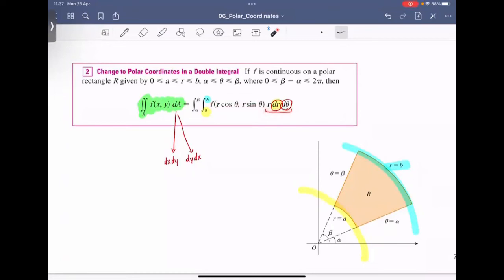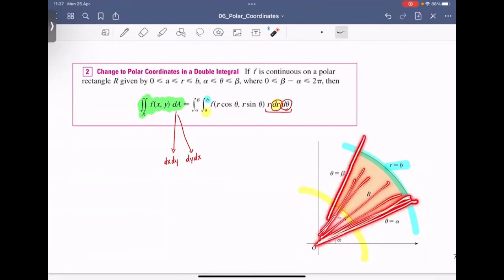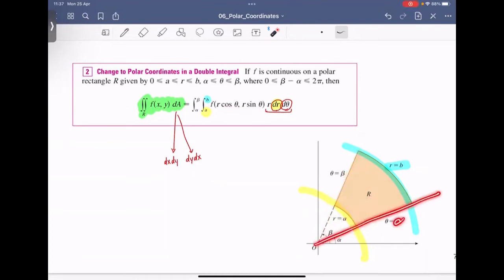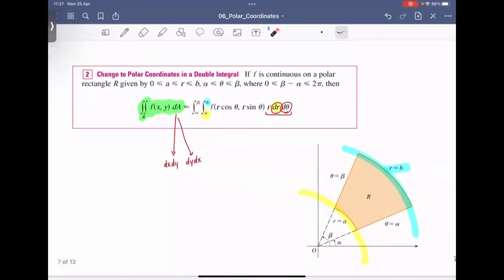What about theta? Theta starts from the first time that you draw the ray or radius, and then you keep doing it, and at the end, when you stop, that one is the last one. So if you go from theta equal to alpha to theta equal to beta, the outside is theta from alpha to beta.